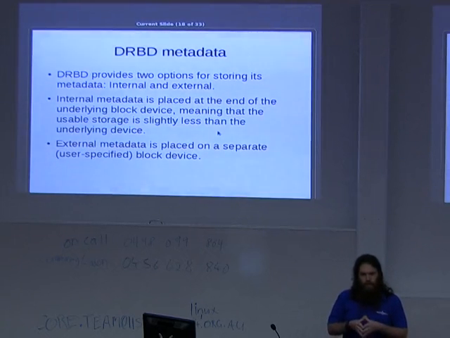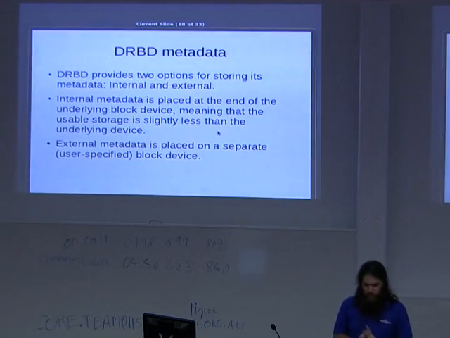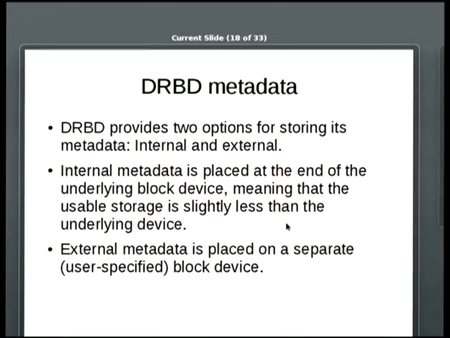So the way DRBD does metadata, which is important for how we implemented it so that it didn't cause us a whole bunch of headaches, is you can do DRBD metadata in one of two ways. You can have it use internal metadata, where you say this is the device that I want you to replicate, and DRBD will reserve a section at the end of the device where it puts all its metadata, and what you get replicated is the remainder of that device that's actually slightly smaller than what you gave it.